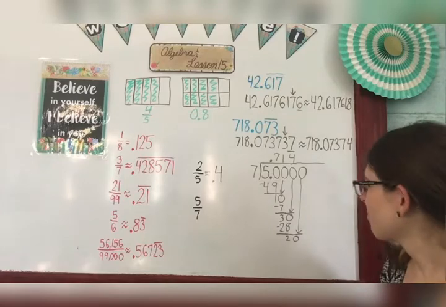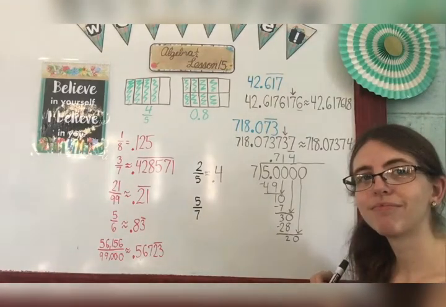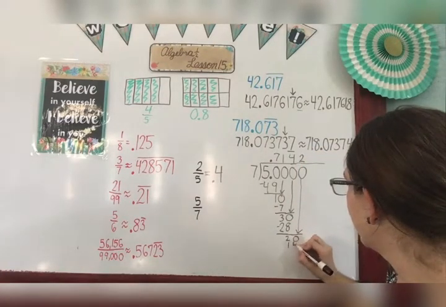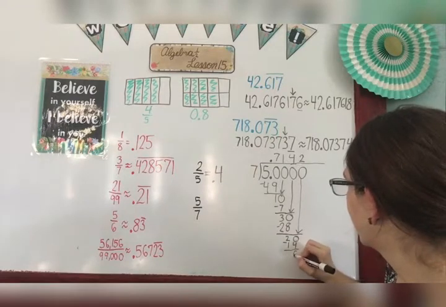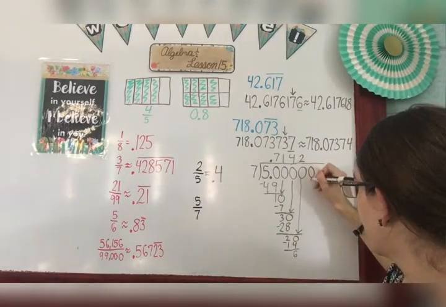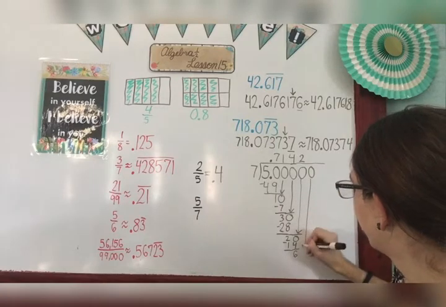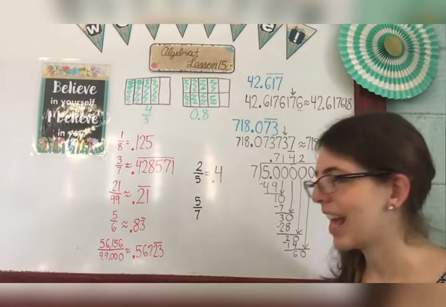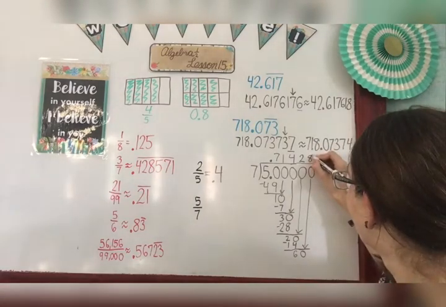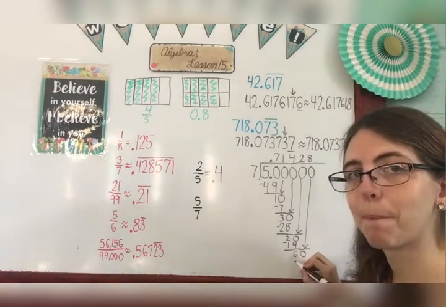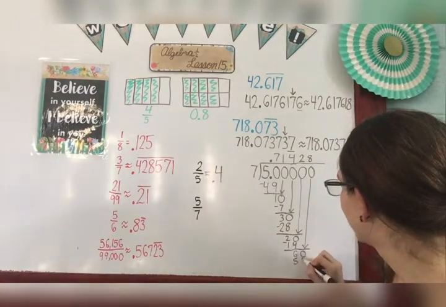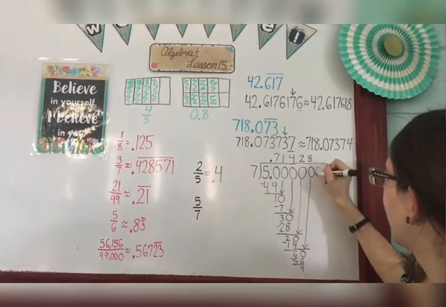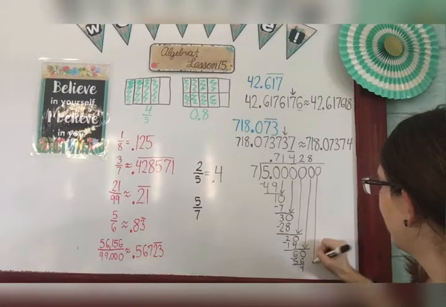Okay. 7 goes into 20, how many times? 2. 2 times 7 is 14. 20 minus 14 is 6. 6 is less than 7, so I'm going to annex another 0 and bring it down. 7 into 60, how many times? 8. 8 times 7 is 56. 60 minus 56 is 4. Annex another 0 because 4 is less than 7. Bring it on down.